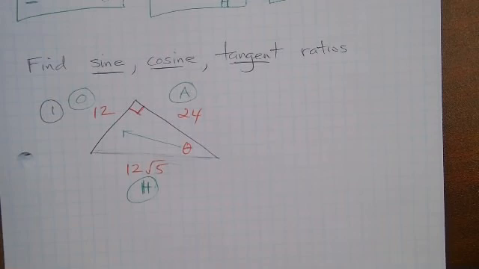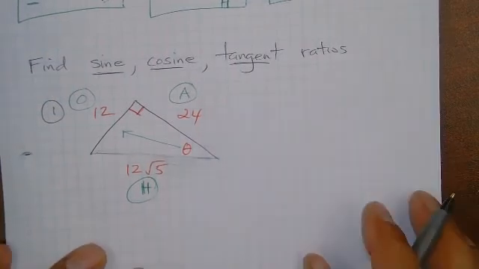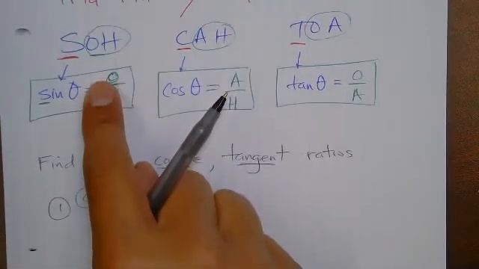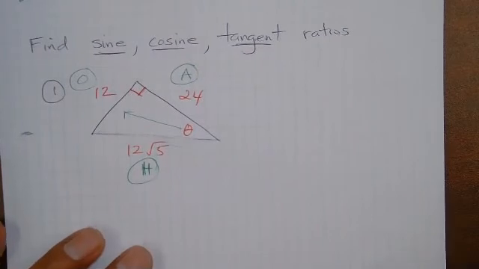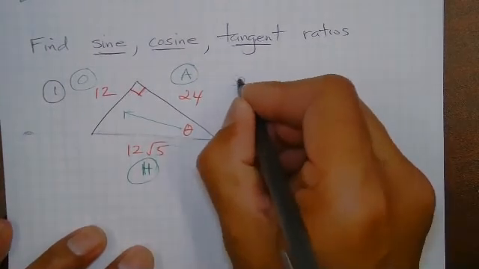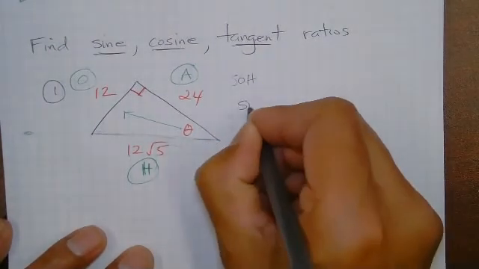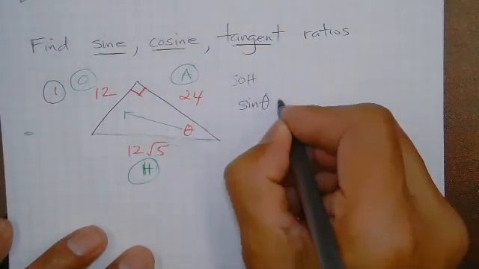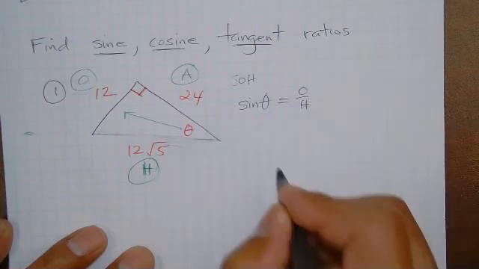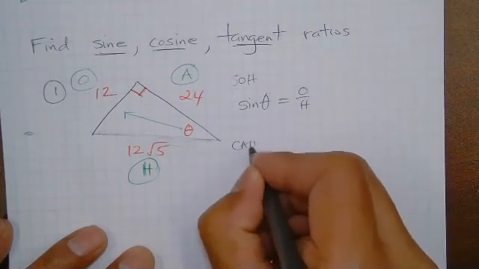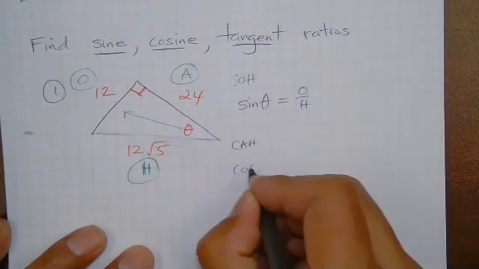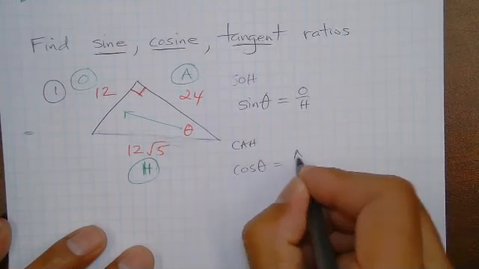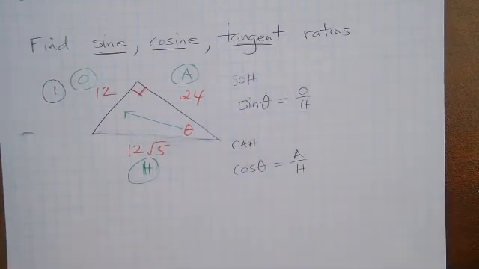So, once you label the three sides, we can use SOH, CAH, TOA to remember how to write these three trig ratios. SOH is going to remind me that sine of the angle is equal to O over H. CAH is going to remind me that cosine is what?